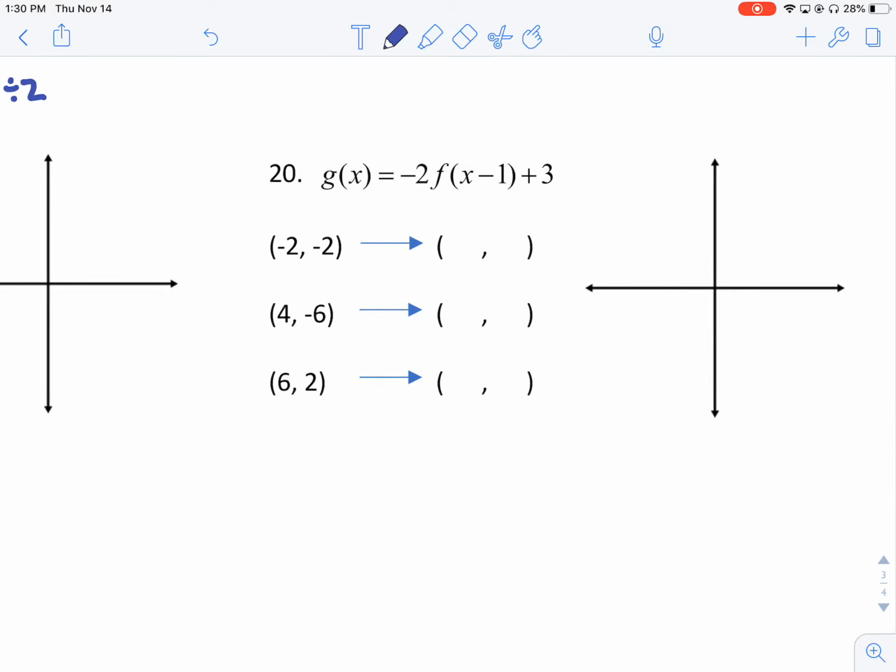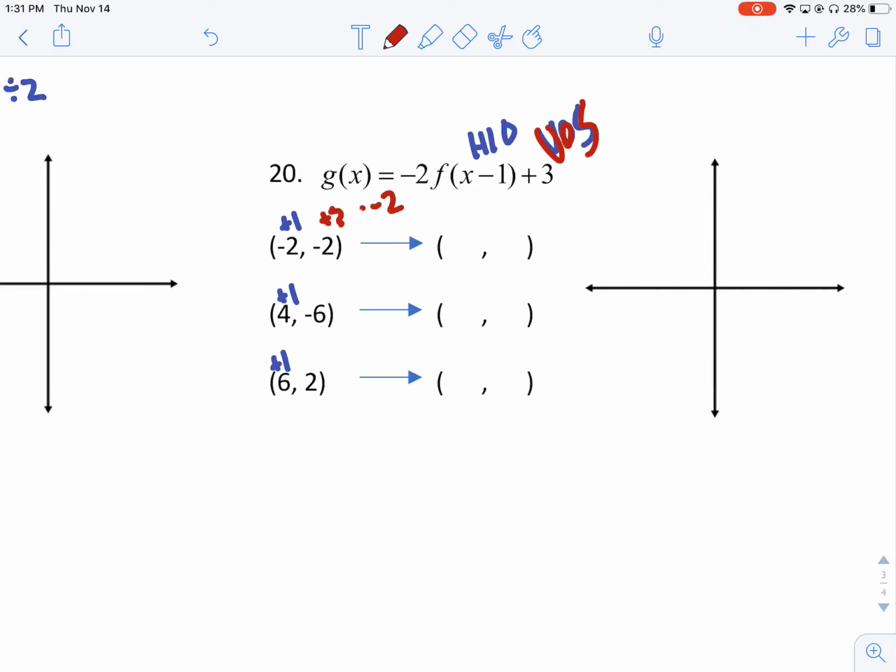This last one, I only have one thing happening on the horizontal. So there's a minus 1, so horizontal inside opposite, I plus 1. Plus 1 to all the x's. And then the vertical outside same. This one is going to have two things. The VOS, I'm going to add 3 and times by negative 2. So for all the y's, I'm going to add 3 and then times by negative 2.